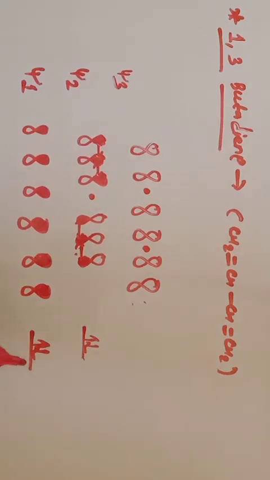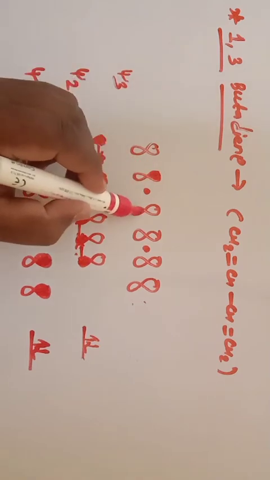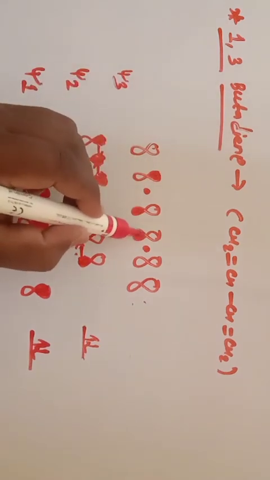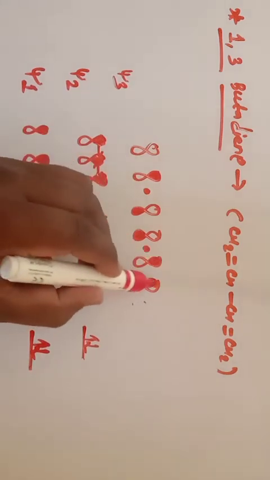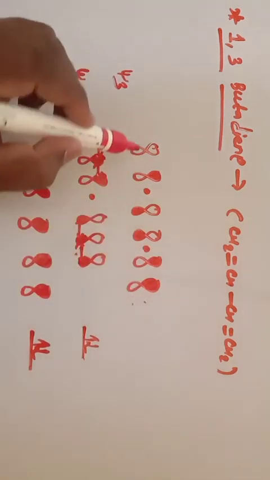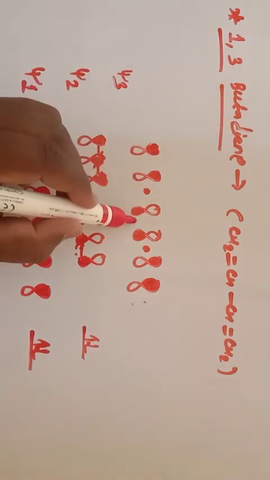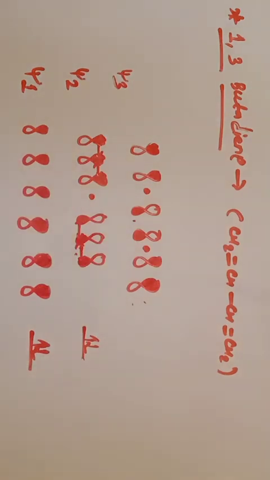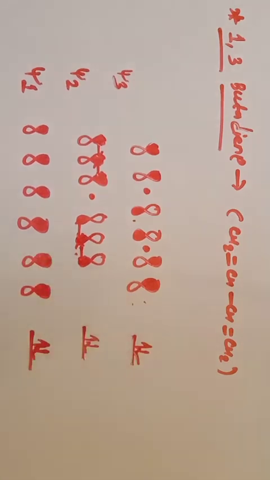So this is the node, and this will be like this: there is no node, there is a node, there is no node, and this is also no node. If you consider this is bonding, this is bonding, this is bonding, so 3 bonding and 2 anti-bonding interactions. So 3 minus 2, we get 1 bonding interaction, and this is also your bonding interaction. So 2 electrons go here.